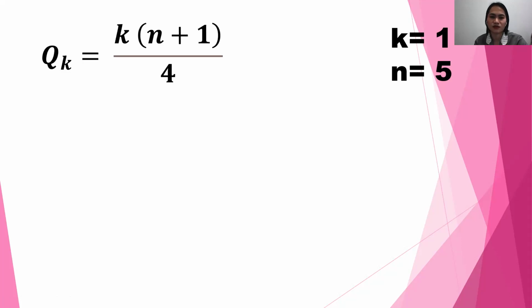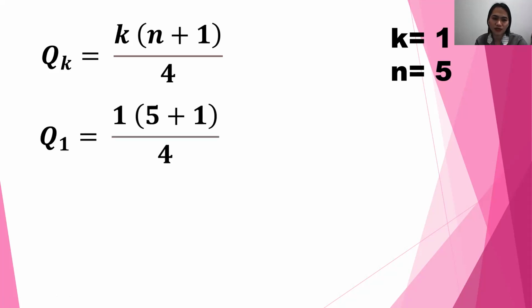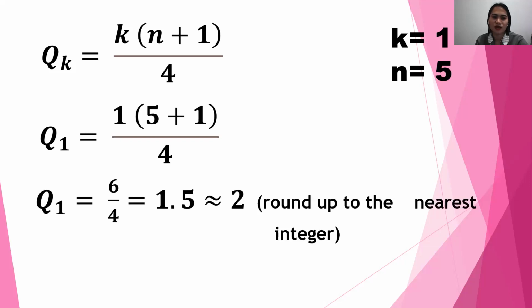First, we write the formula: Q sub k is equal to k times the quantity of n plus 1 all over 4. What is the value of k? 1. And what is the value of n? 5. We substitute the values into the formula. So Q sub 1 is equal to 1 times the quantity of 5 plus 1 all over 4. Our Q1 is 6 over 4.